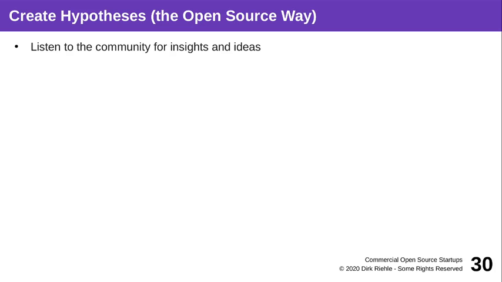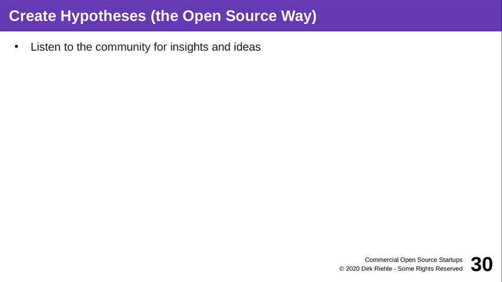To get to these hypotheses, the open source way, in addition to traditional ways where you are creative, where you do market research as an individual or the individuals in the startup, the open source way means that you listen to your community. You throw out some piece of open source software and you watch how people are using it, if they are using it.